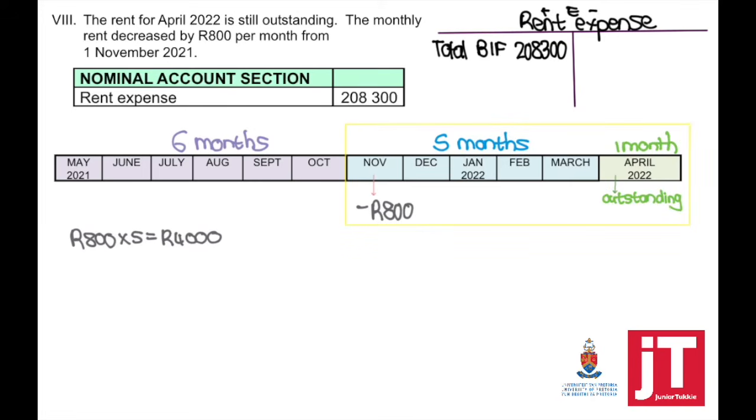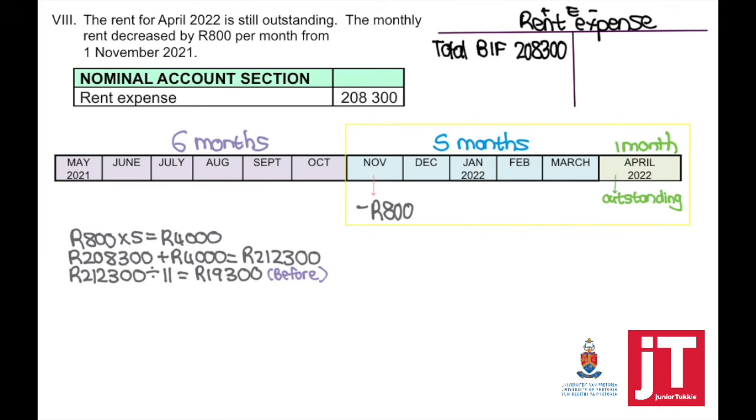We are going to eliminate the total decrease. So we're going to say 800 times 5 equals 4,000. To eliminate that, because it decreased, we are going to add 4,000 to the 208,300. Now we are able to find out what was the monthly rent.